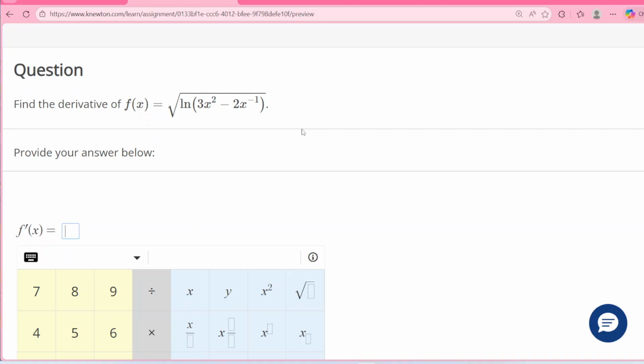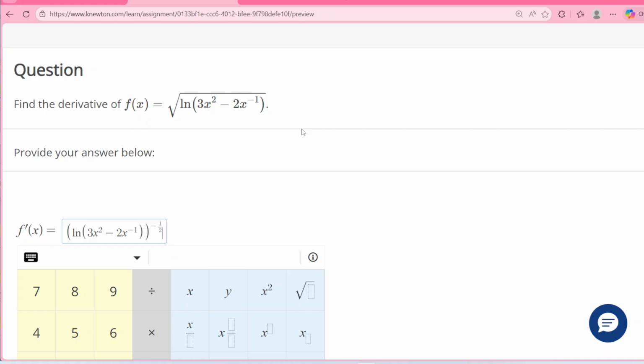I'm using the half on that other factor. So I have just the natural log of 3x squared minus 2x raised to the negative 1, and then this raised to the negative 1/2.